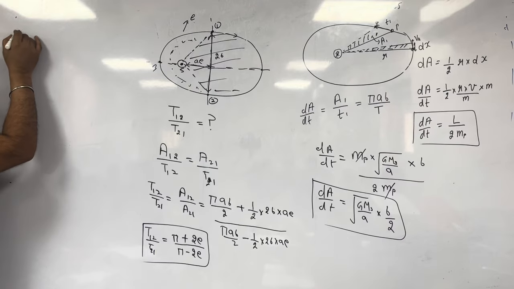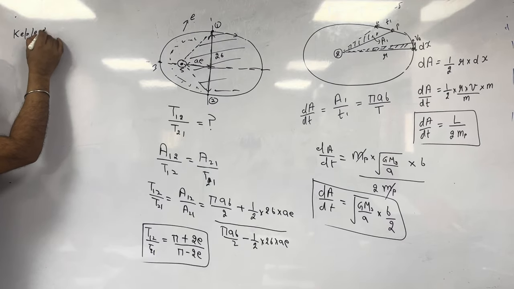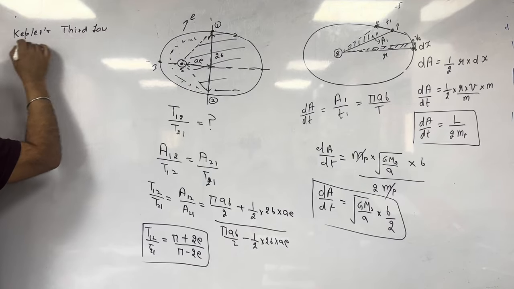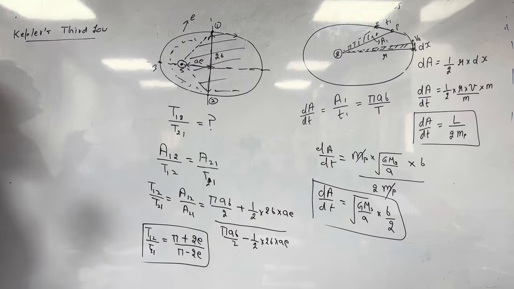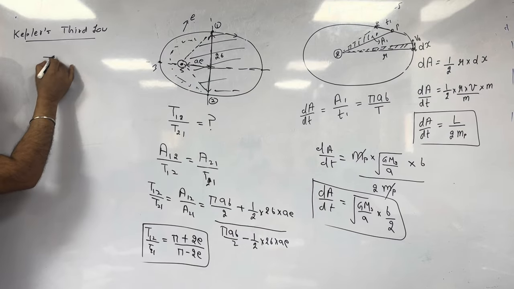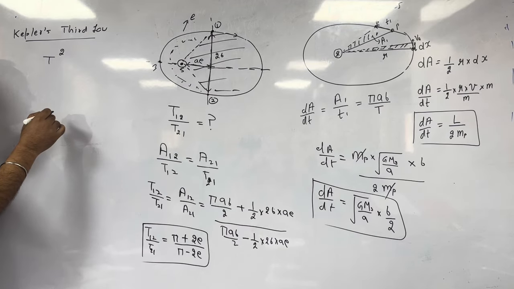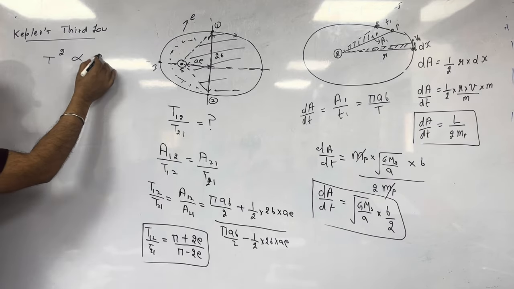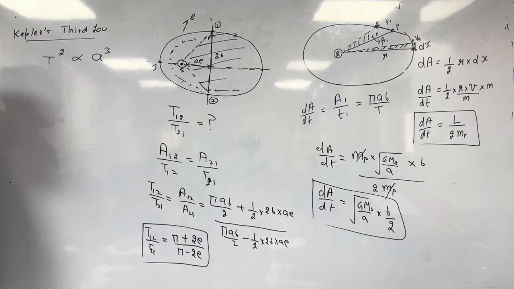Kepler's third law. Kepler's third law means the law of periods. The square of the time period of any planet is directly proportional to what, beta? The cube of the semi-major axis.